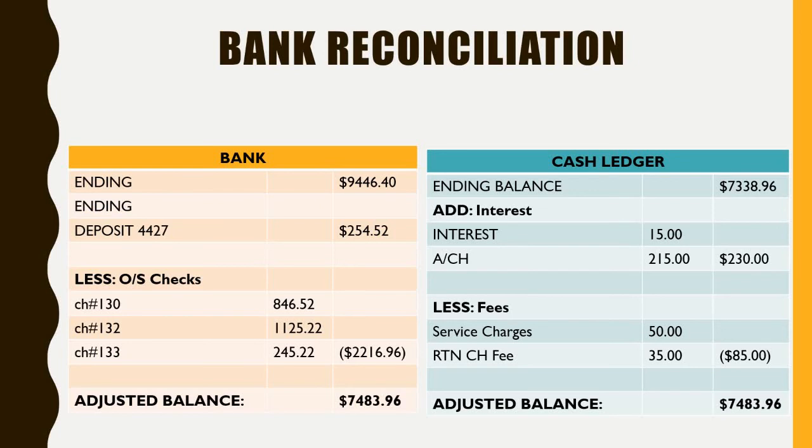And guess what? These match at the end of the day. Okay, and that's what you want. Your goal is to make sure you match up your ledger to the bank statement. Okay? All right? Any questions here?